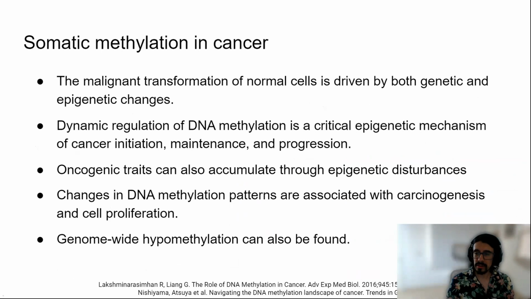But not only the differences in the DNA make an effect in cancer. Somatic methylation is also important because malignant cells are driven not just by genetic changes, but also by epigenetic changes. So the dynamic regulation of DNA methylation is a critical epigenetic mechanism in cancer initiation, maintenance, and progression.